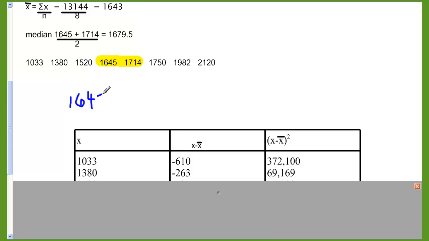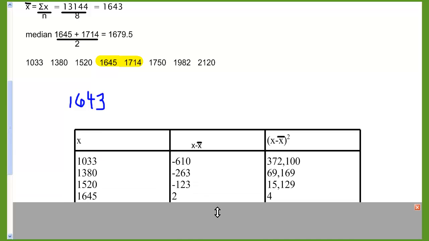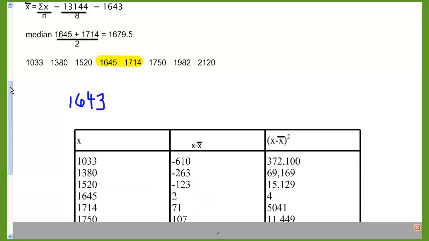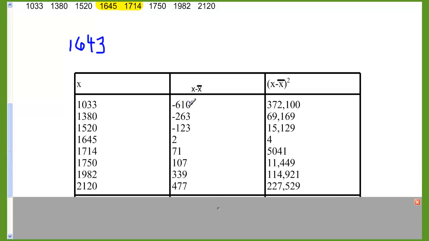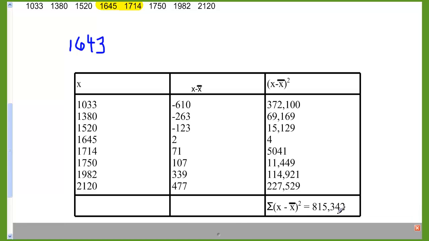So I'm subtracting this mean from each one of these data entries. Once I subtract it, I immediately will square it, and any squared number gives you a positive number. So even if your calculator says it's negative, you needed to put this in parentheses like that in order to square it.